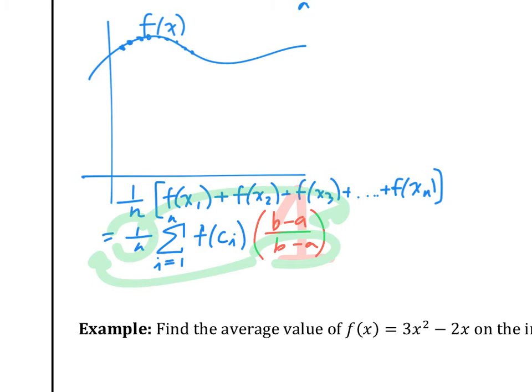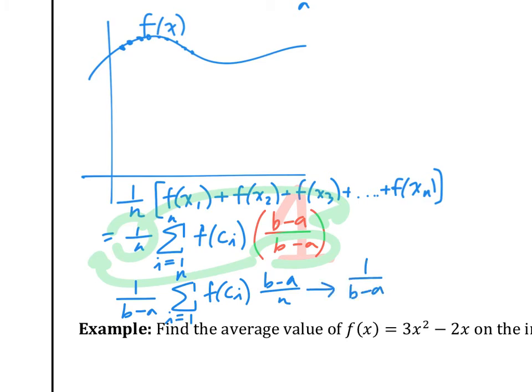So that's going to give me 1 over b minus a on the outside. And then I have the sum from i equals 1 to n of the function, and then I have b minus a over n, which is delta x. Right, b minus a over n is delta x. So this becomes 1 over b minus a of the sum from i equals 1 to n of f of c_i delta x.